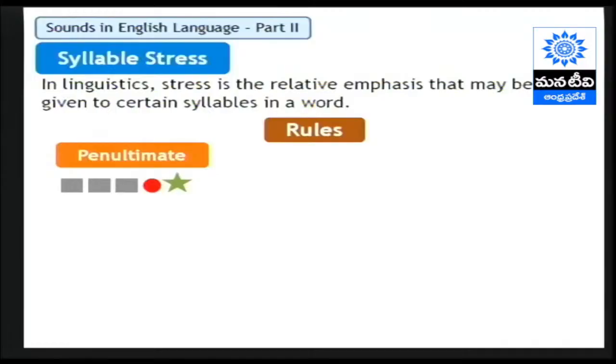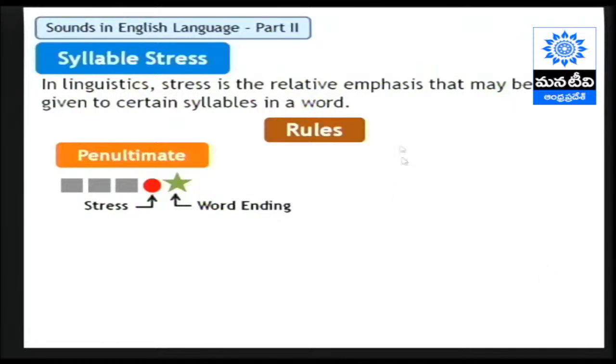Now there are certain rules to syllable stress. What are they? There's something called penultimate, and there is something called anti-penultimate. So I'll talk about anti-penultimate later. What I want you to do is draw this diagram on your notebook to make a note of it. Penultimate means last but one or second last, right?